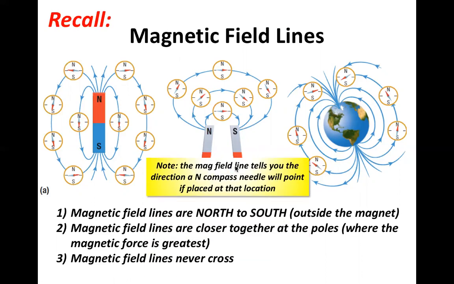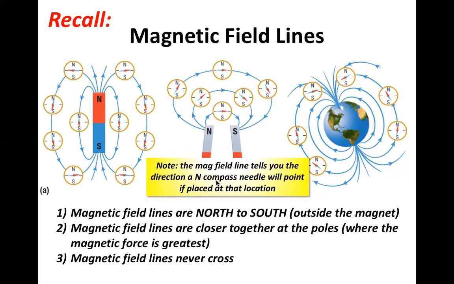Note that magnetic field lines also tell you the direction that a north compass needle would point if placed at that location. So one way to determine the map that is the magnetic field line diagram is to place a bunch of compass needles around a magnet, and then connect those line segments.